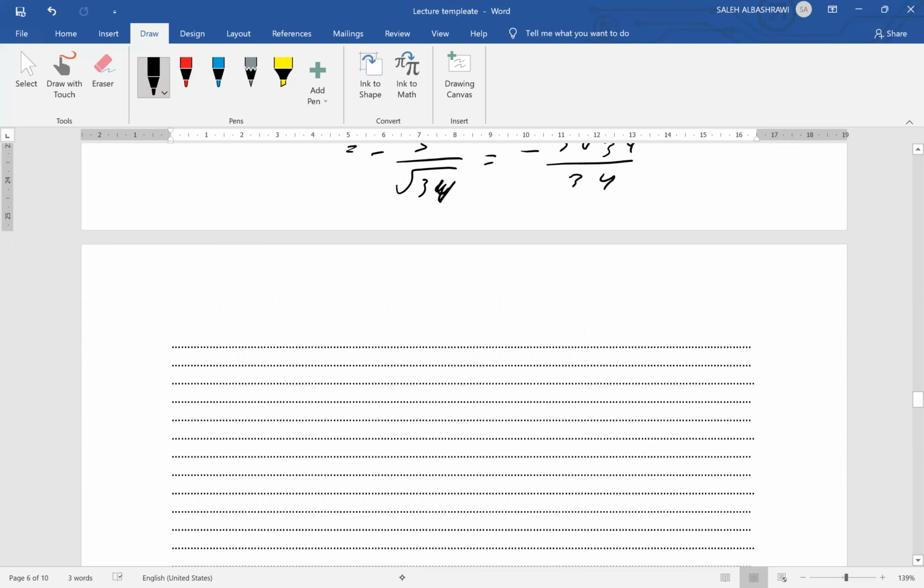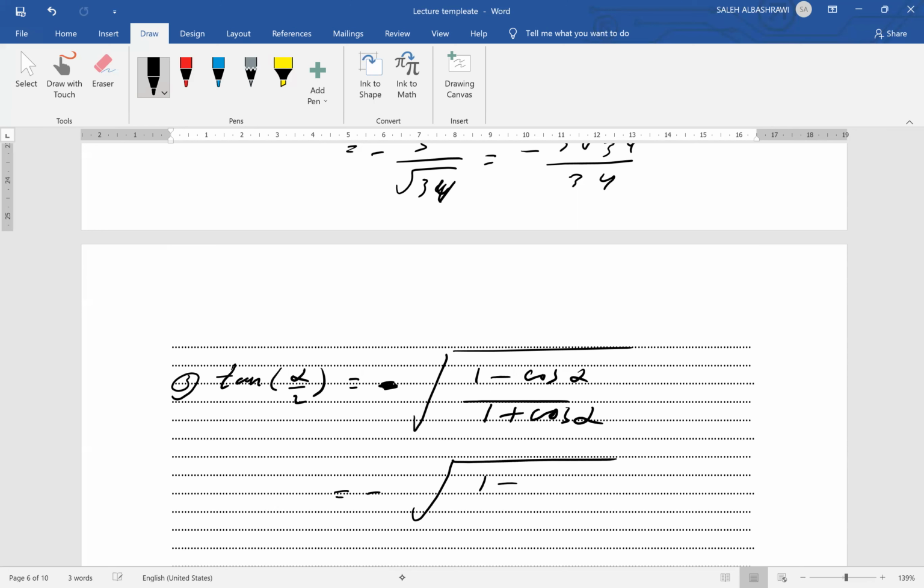Last one is tangent alpha over 2. Tangent is negative. So if I use the square root form, it is minus the square root of (1 minus cosine alpha) divided by (1 plus cosine alpha). 1 minus cosine was minus minus 8 over 17, divided by 1 plus negative 8 over 17.